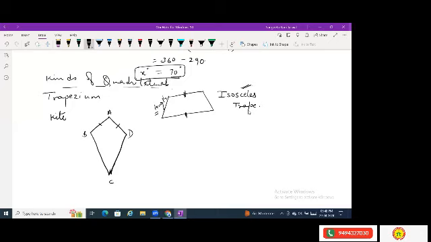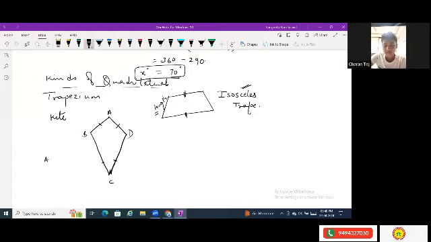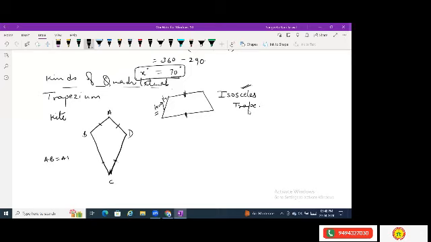The adjacent sides are equal here, and the adjacent sides are equal here, right, children? That means AB will be equal to AD and BC will be equal to DC, okay?